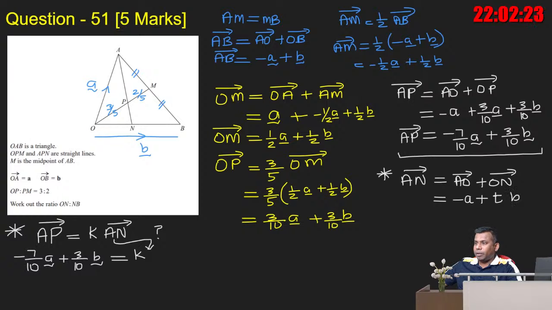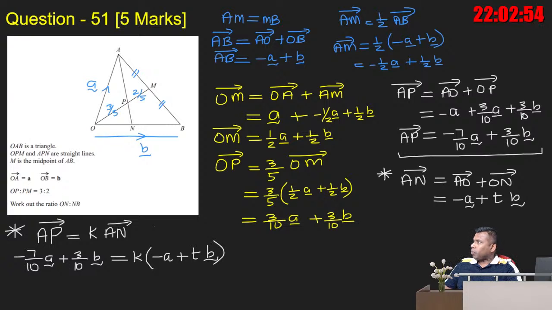OB vector is B. Remember T is a scalar, B is a vector. Now I'm going to substitute: k times AN vector is minus A plus T times B vector. Hope you understand the steps I'm doing, right?